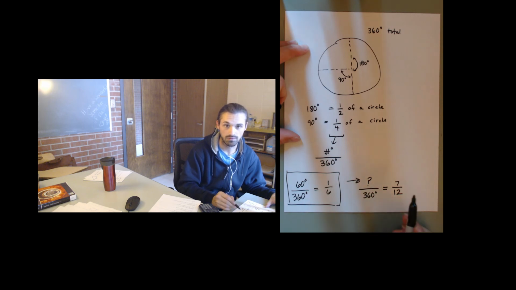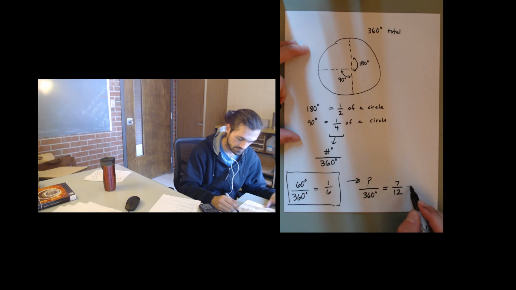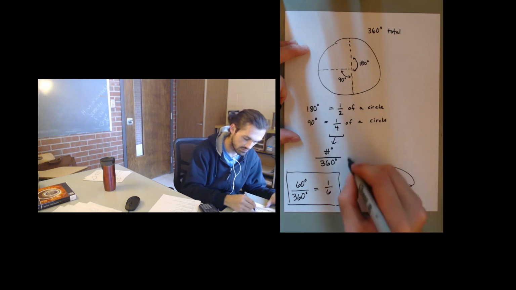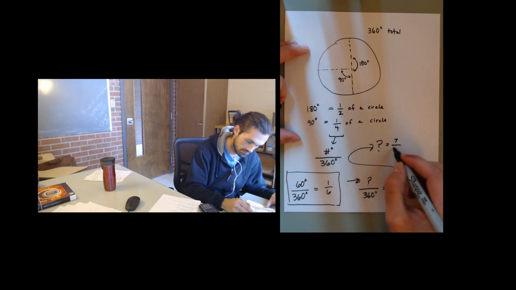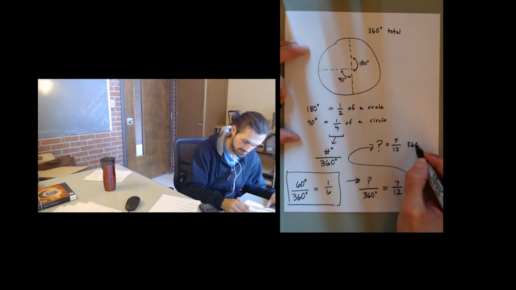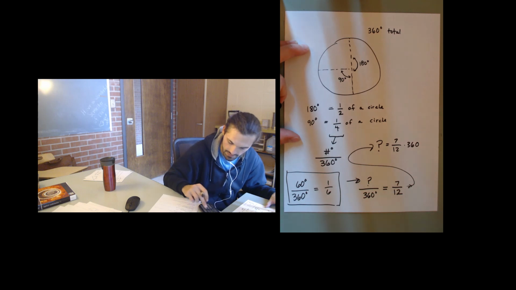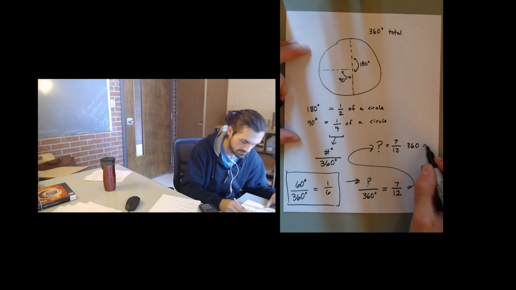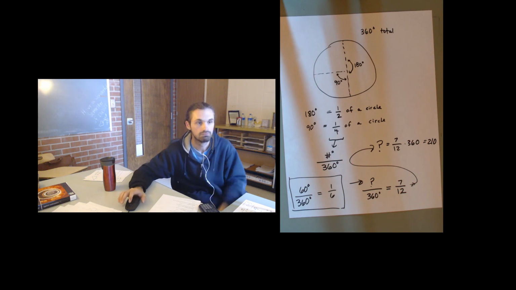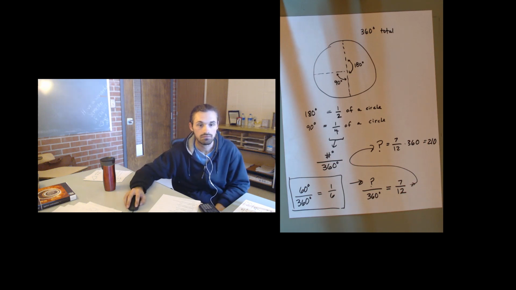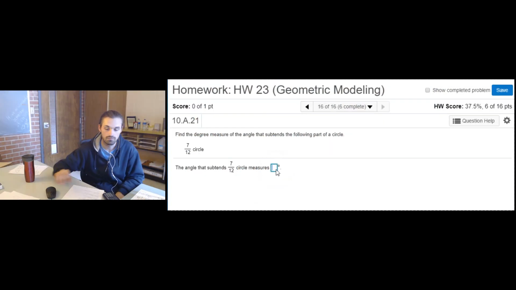So we need to multiply both sides by 360. And let's bring it up here to see that this question mark equals 7 over 12 times 360. 7 over 12. Take the result and multiply by 360 to give us 210. 210. All right.